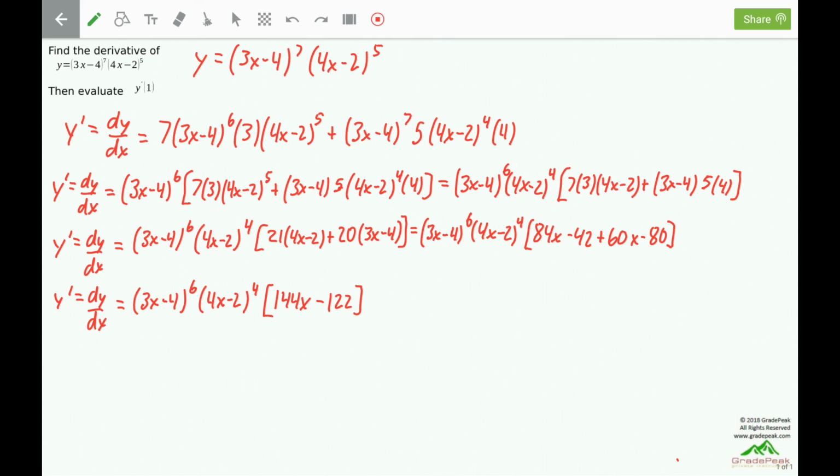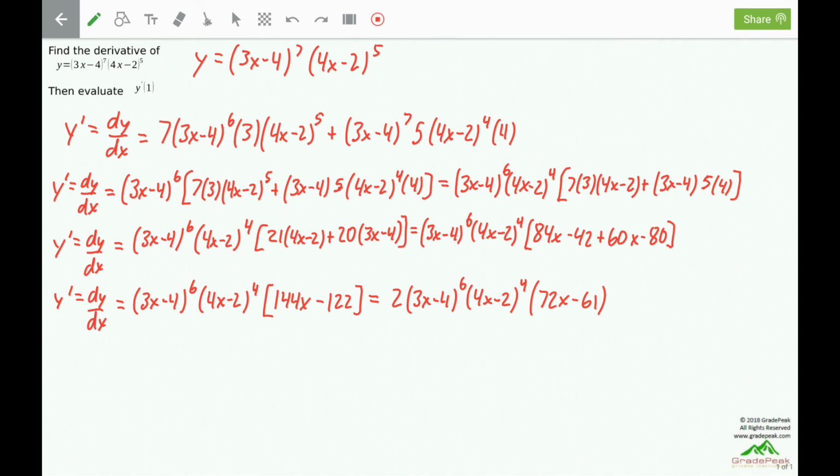It's always possible to factor a common factor out of there, and it looks like we can factor out a 2. And we'll move that 2 to the very front. So we'll have a 2 times a (3x minus 4) to the 6th times a (4x minus 2) to the 4th. And if we factor a 2 out of that, that's going to leave us with a 72x minus a 61. So there's the derivative fully factored.